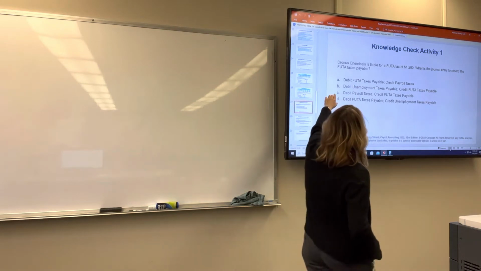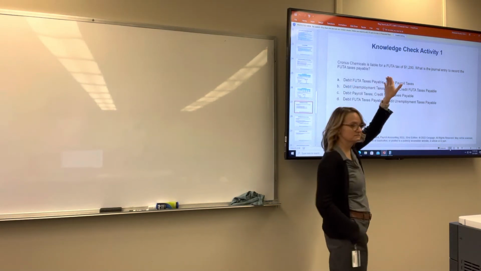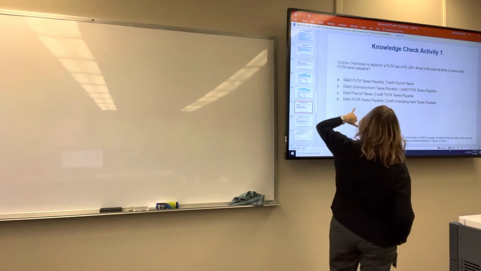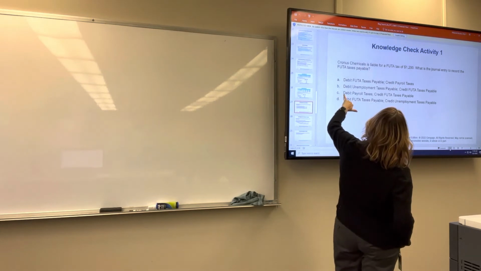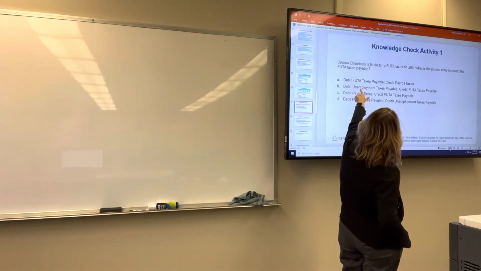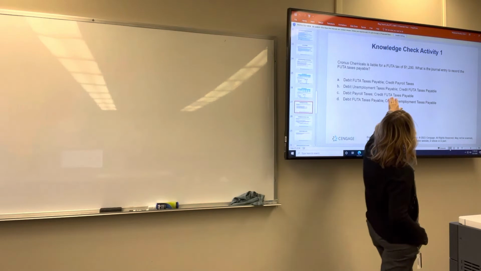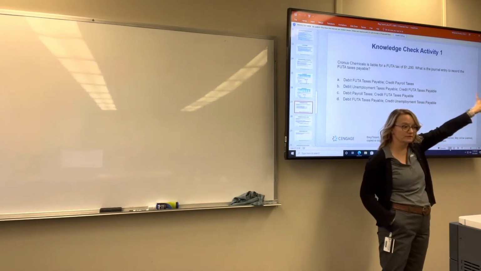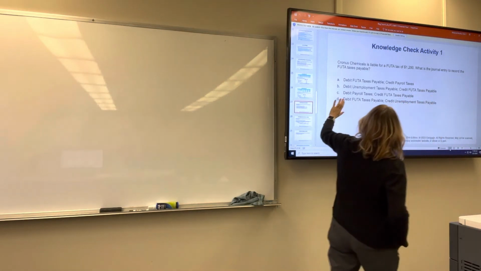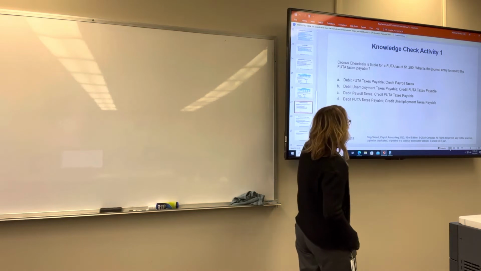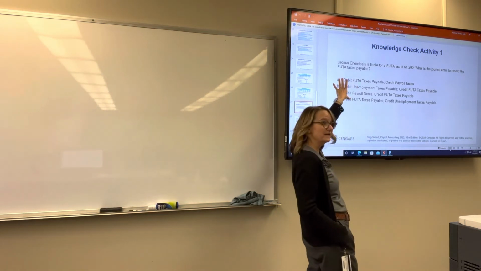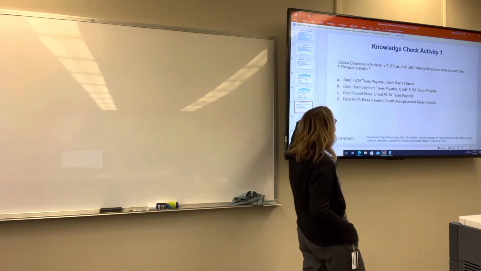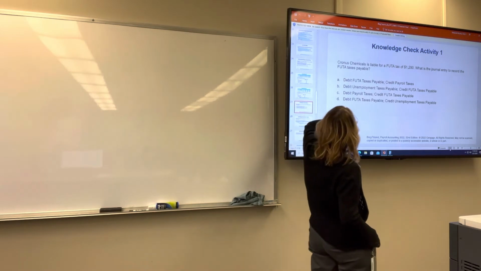Well, choice A is a debit, so we can eliminate that one. Choice B and C both have a credit to FUTA taxes payable, so it could be either one of those. Choice D has a debit to FUTA taxes payable. Okay, so we've eliminated A and D as potential answers here.